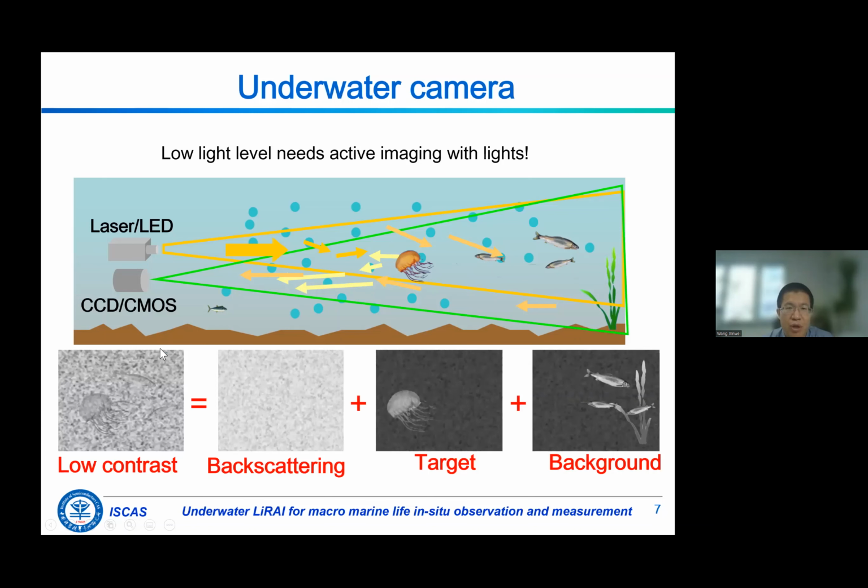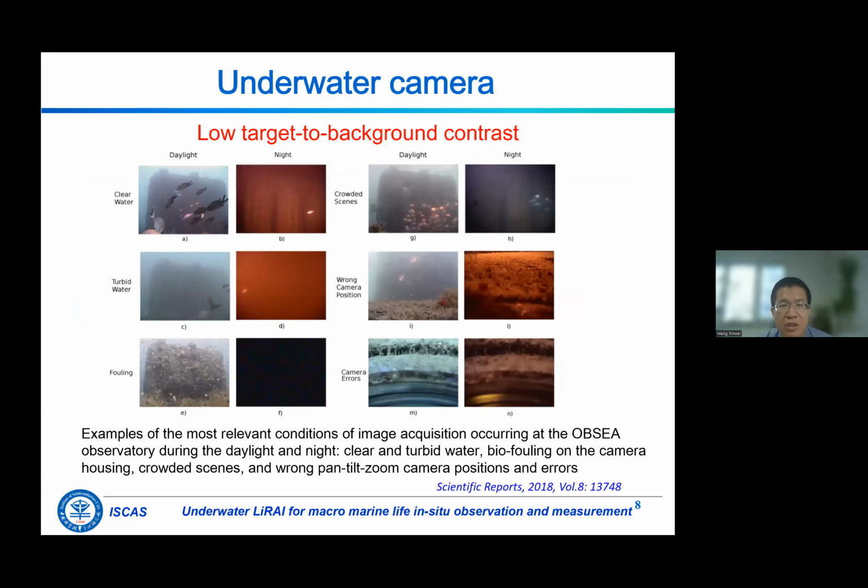For the traditional underwater camera, the target with backscattering from water and also background can all be grasped. So the target to background contrast is low. The low target to background contrast is bad for target classification and identification, especially for turbid water.